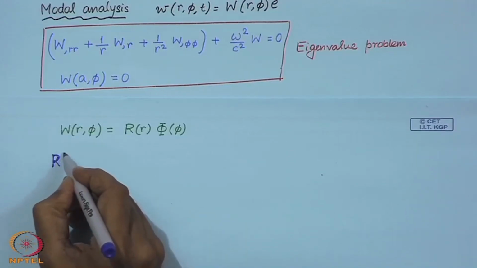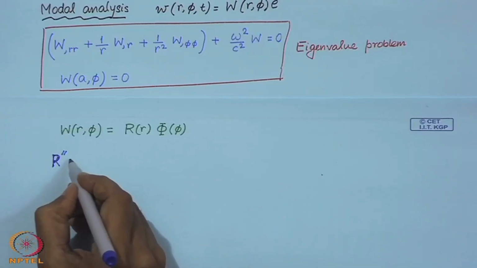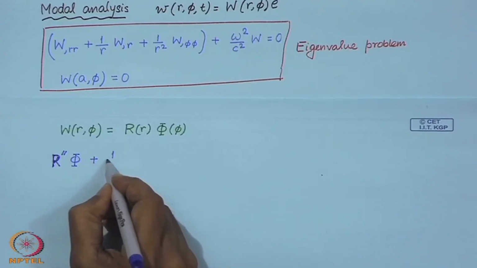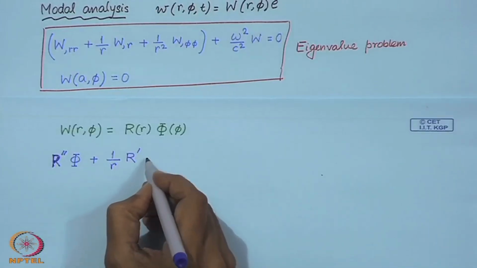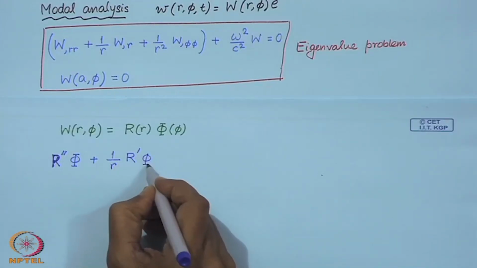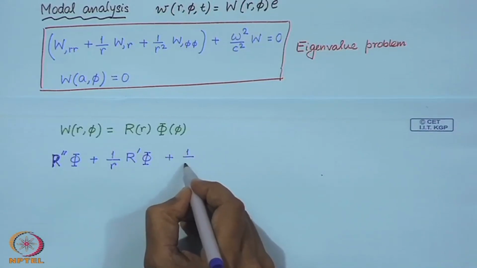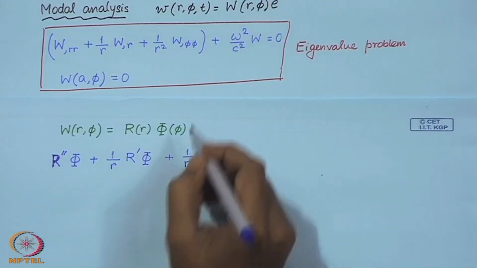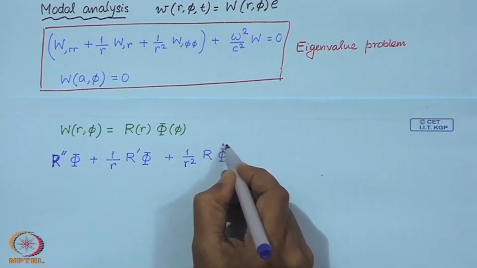So, let me indicate the derivative with respect to r with a prime, and the derivative with respect to phi with dots.